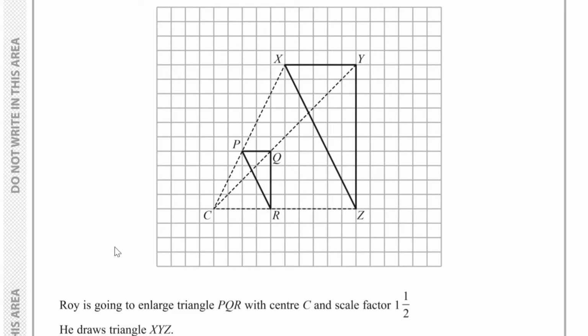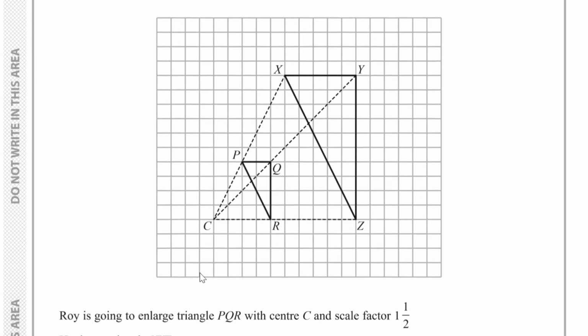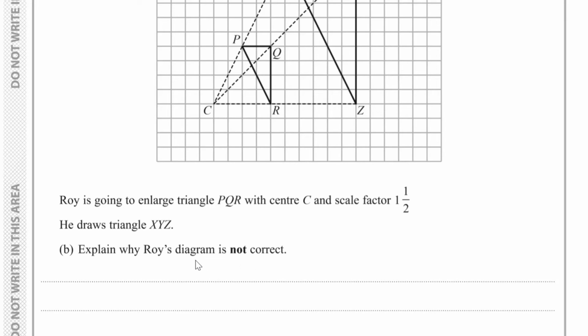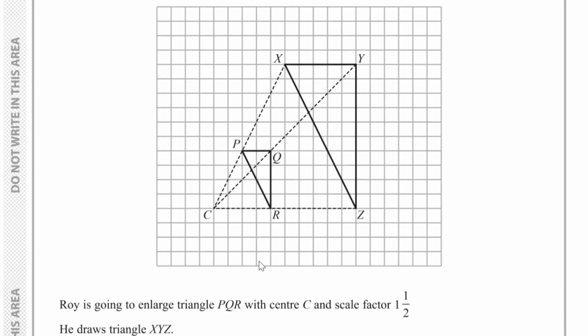Now for part B of the question, Roy is going to enlarge triangle PQR with centre C and scale factor 1.5, and he draws triangle XYZ as a result of this, and we have to explain why Roy's diagram is not correct. Well, if we find the length over here of PQ, that's equal to 2.